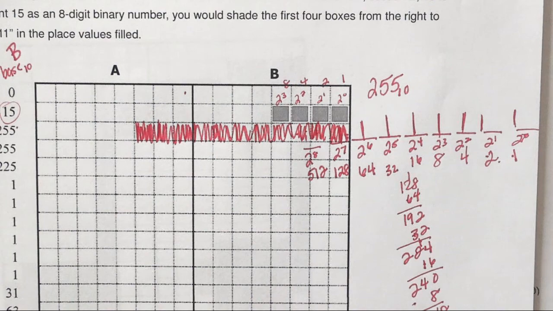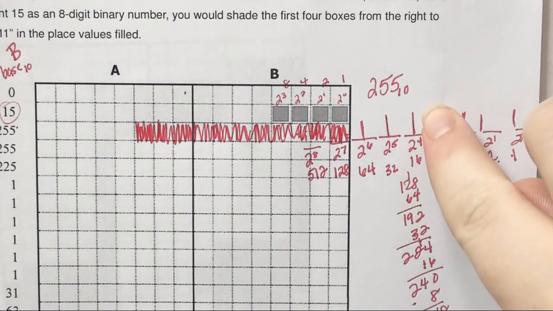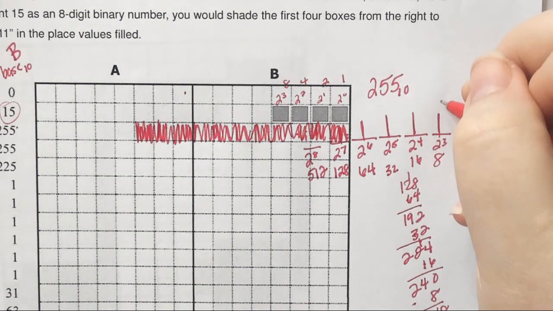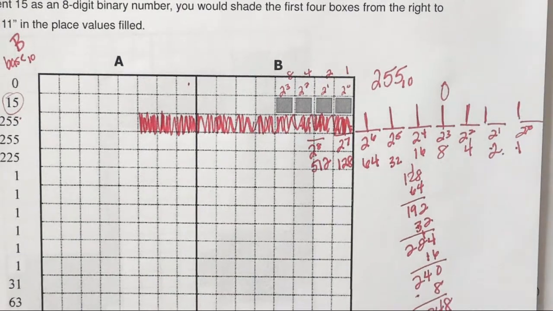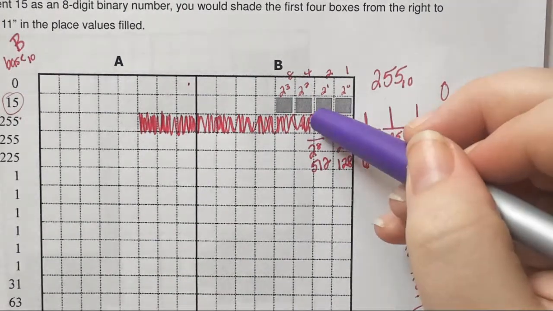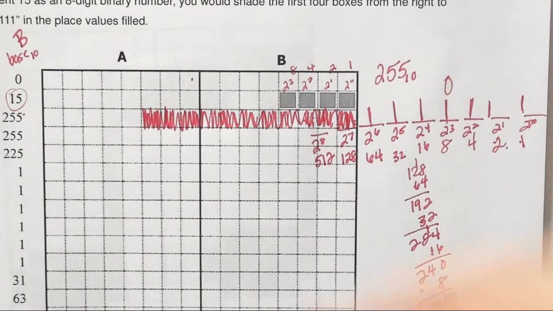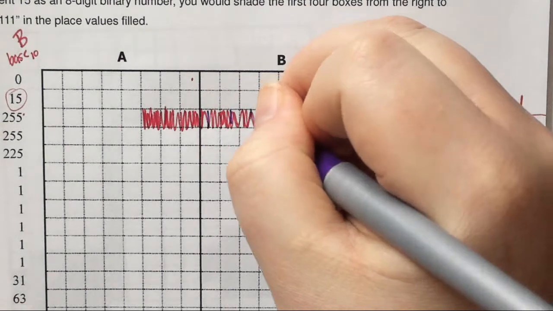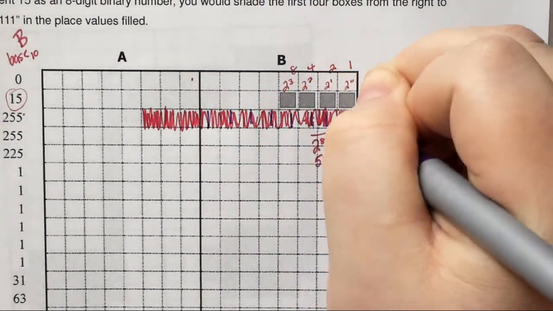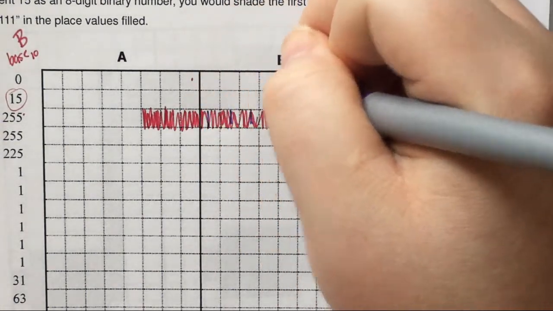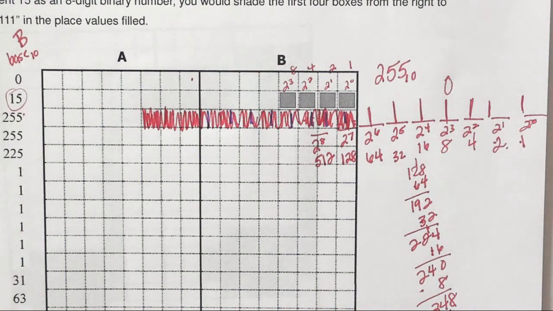Okay, but if I didn't need, let's say, 2 to the 3, let's say I put a 0 here, let's pretend this was a 0, then that box I wouldn't color in at all. So the ones I'm coloring in are representing ones. If you're leaving them blank and you're not coloring them in, they must be zeros.